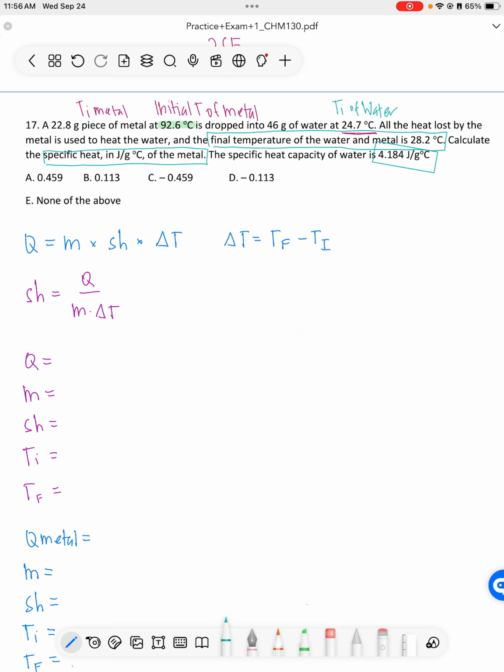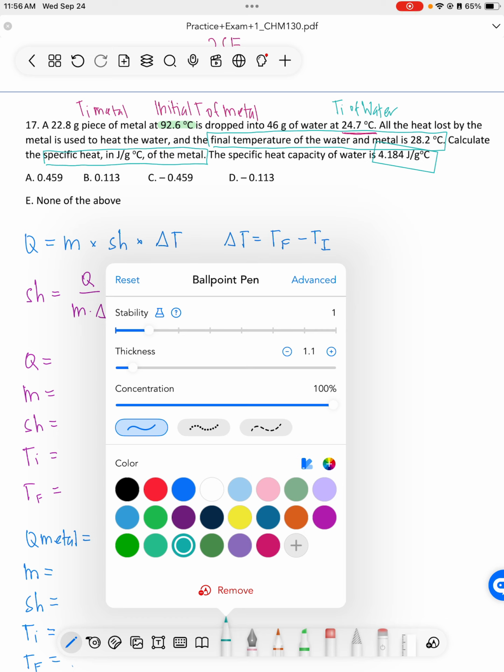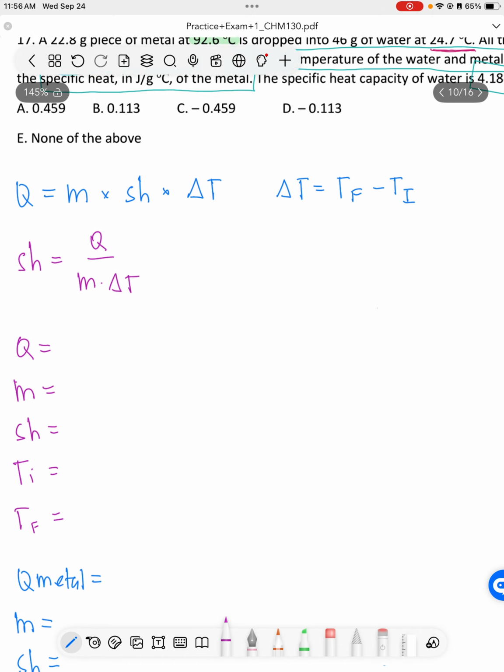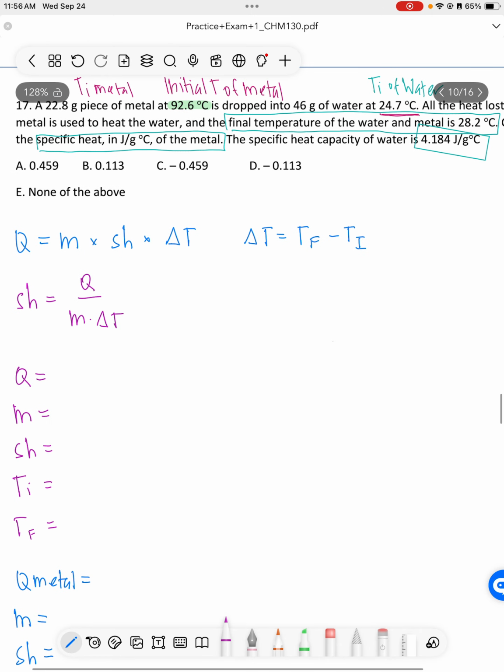All right, so now we're going to pull out our information from the problem, and we're going to match it to our variables. So I have in pink, we're going to do water. So I think it's like a purple. My specific heat of water is given to us, right? We know our specific heat of water because we've memorized it, but he's also given it to us.